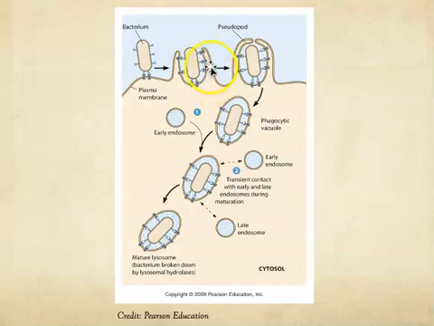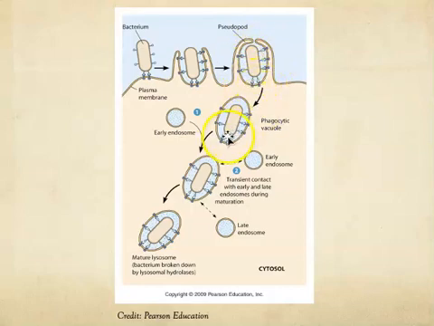Notice that as the membrane extends upward and starts to surround that bacterial cell, more and more interactions are happening between protein on the outside of the bacteria and protein on the surface of the plasma membrane. Eventually, those pseudopods are going to meet each other and they're going to fuse. So what's created at that point is a new transport vesicle.